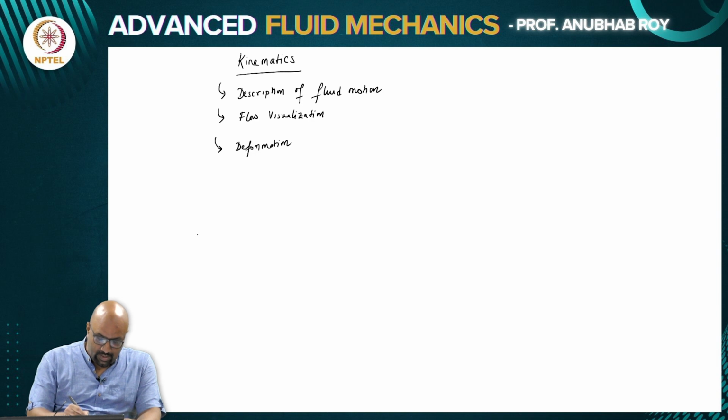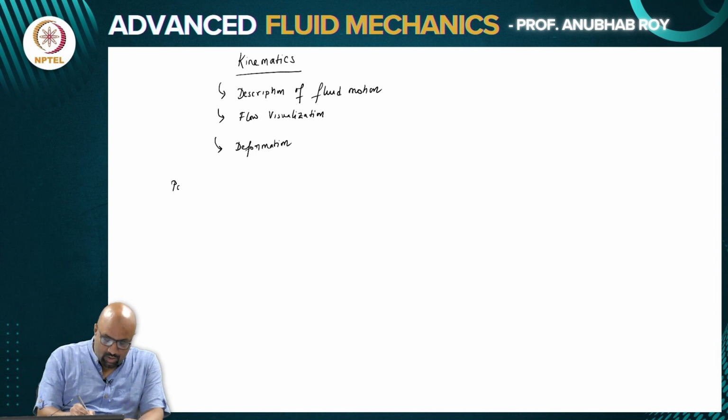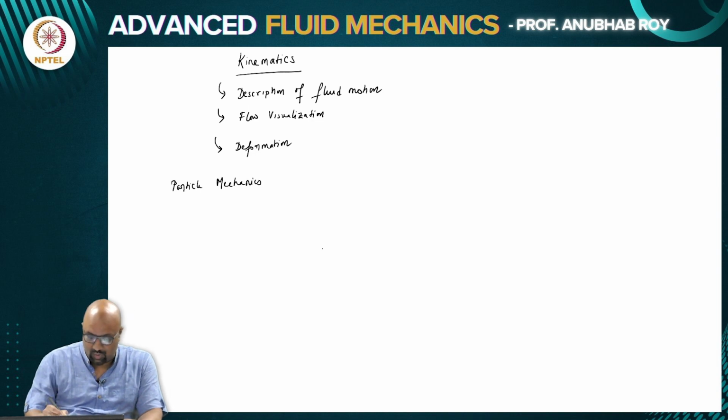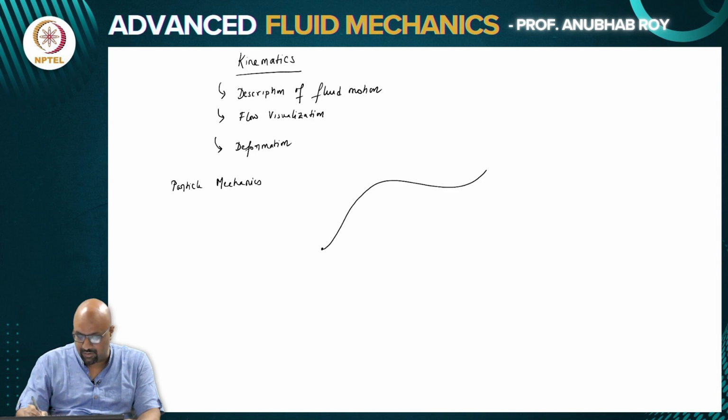If we get going with what you know, that is particle mechanics, which you would have already studied: if there was a particle under the action of some force, you know its trajectory. So, you have the particle occupying some initial position, and then you have a trajectory for that particular particle that is given.